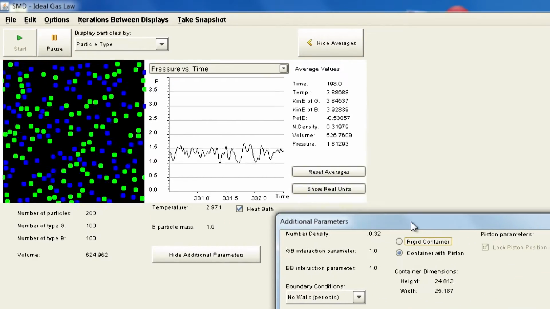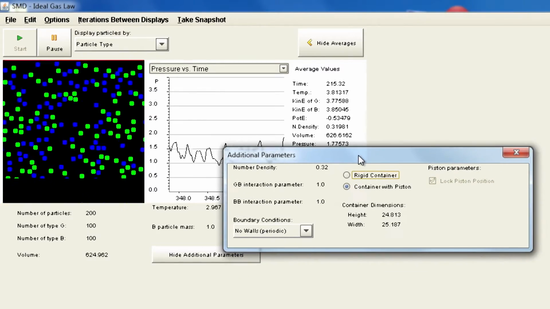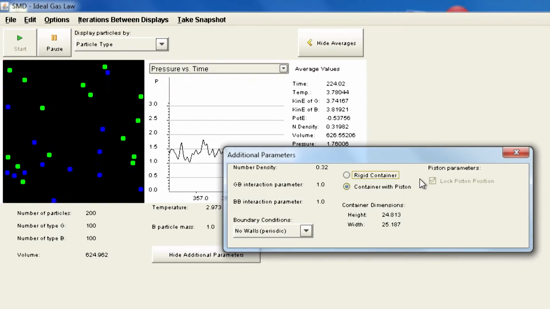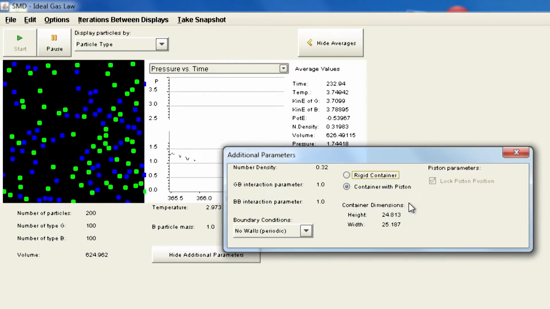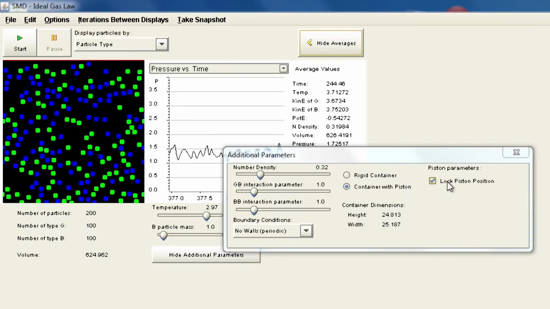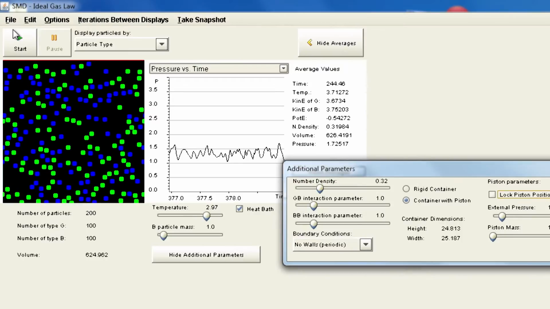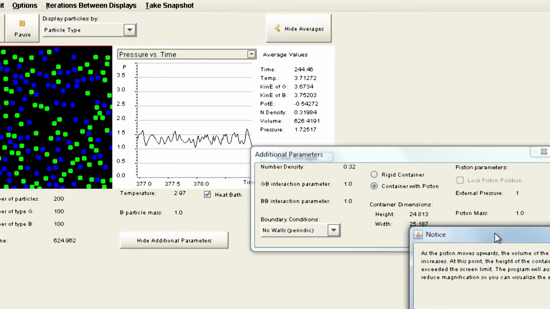So, the pressure has gone down, with the temperature going down as well. Before I do that, let me pause it, because this is a locked piston, so it is not moving, unlock it. So, now we are going to unlock that, and there is very small external pressure and mass is also very small. So, now let us look at that.